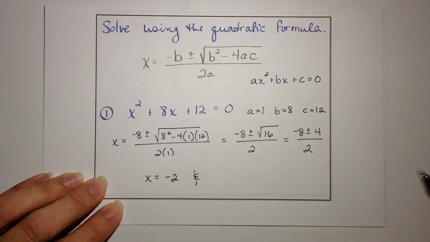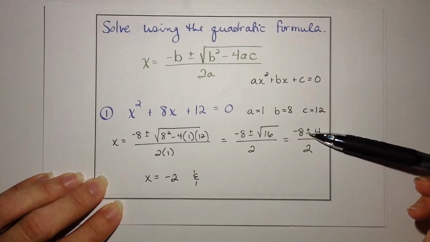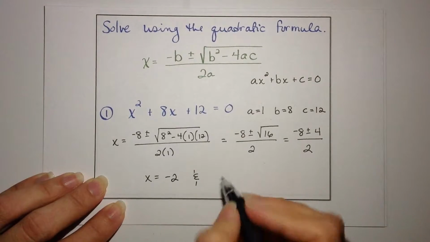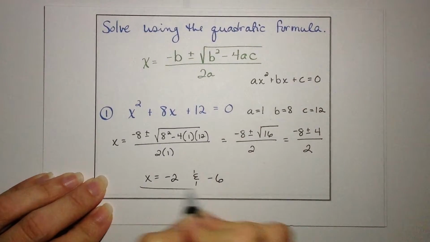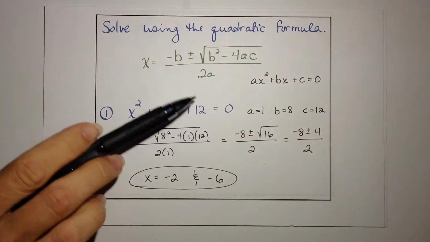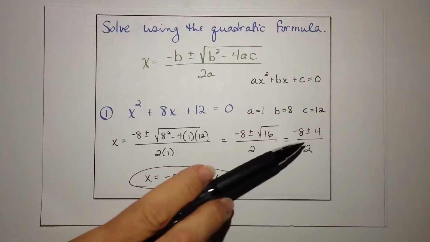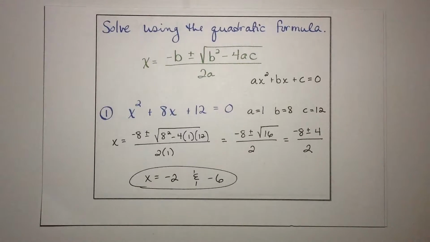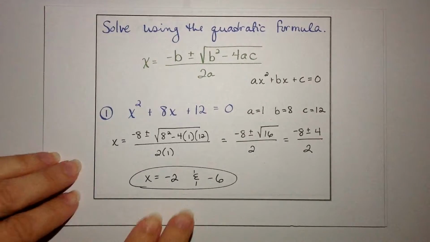So there's one of your answers. And now using the minus sign, negative 8 minus 4 is negative 12, divided by 2 is negative 6. So there's your two answers. So sometimes it'll work out where you actually end up with rational answers. Sometimes your radical will still be left where you have irrational answers.